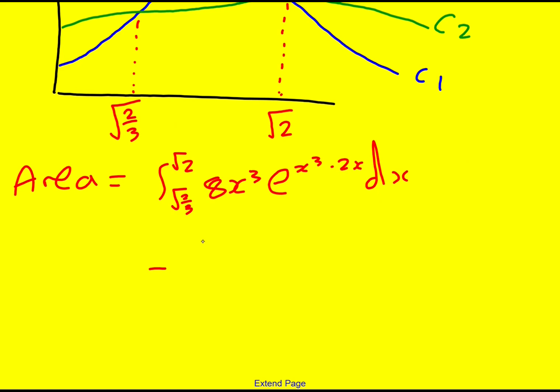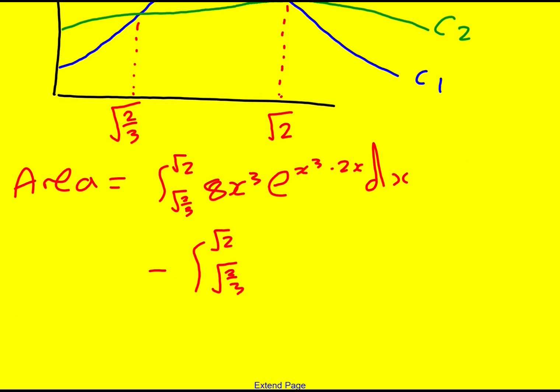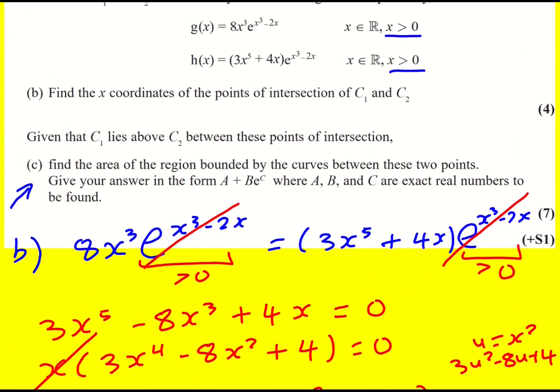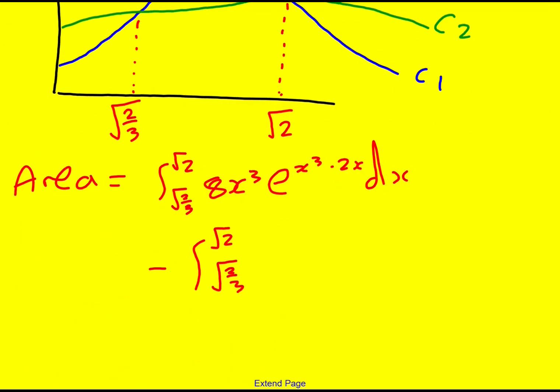And I need to minus the other function, which was 3x to the 5 plus 4x, times that exponential.